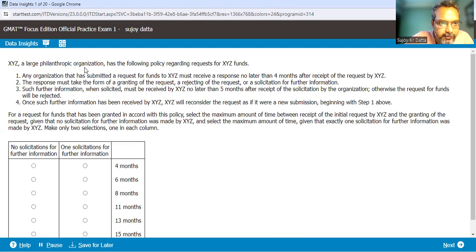A large philanthropy has the following policy regarding requests for funds. In any occasion, the subject of the request will receive a response no later than 4 months. The response must take the form of granting or rejecting the request or a solicitation of further information. So you can grant, reject, or ask for more info, and 4 months.